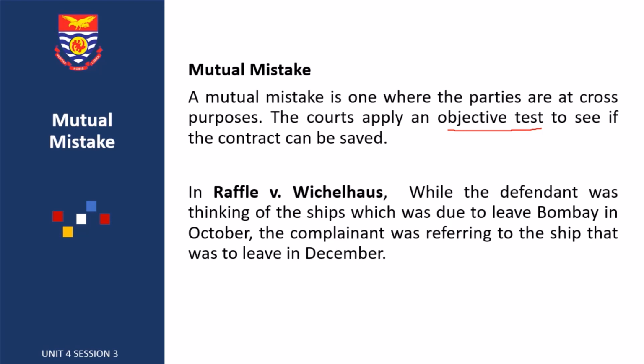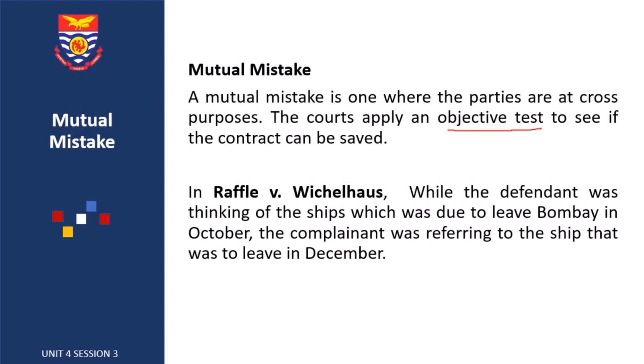In the case of Raffles v Wichelhaus, while the defendant was thinking of the ship which was due to leave Bombay in October, the claimant was referring to a ship that was to leave in December.